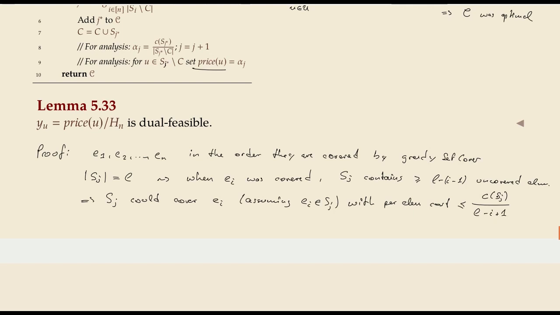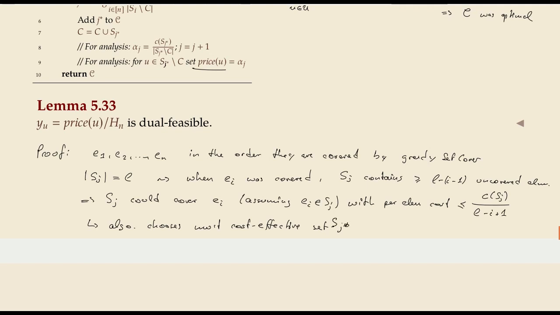Because we have so many uncovered elements, that's the cost of the set, right? As easy as it can be. And since our algorithm chooses the most cost-effective set, it can choose Sj or another one, but it can have at most this cost.